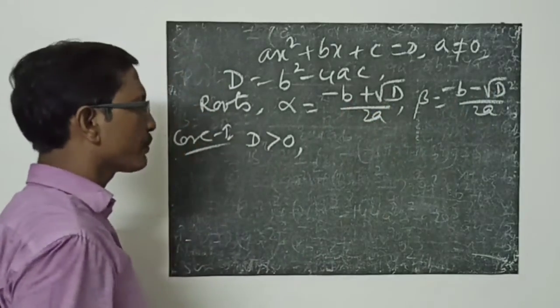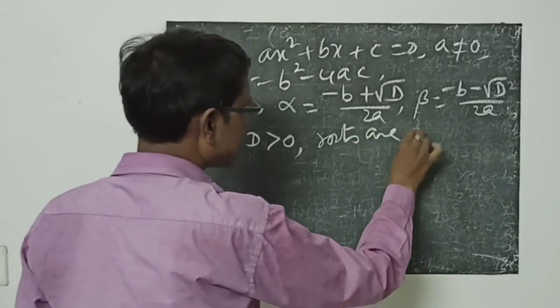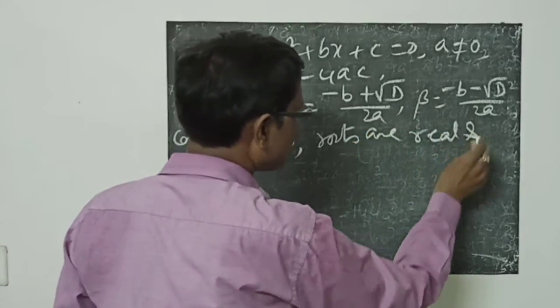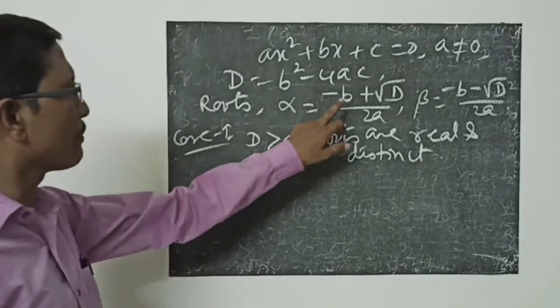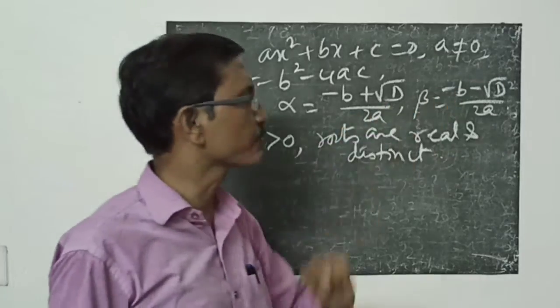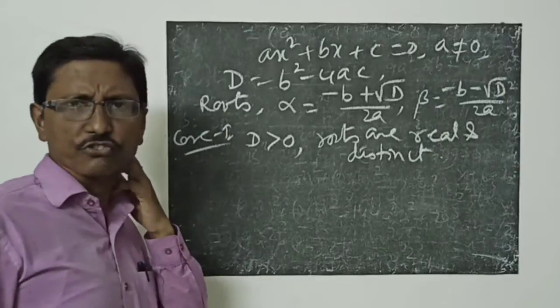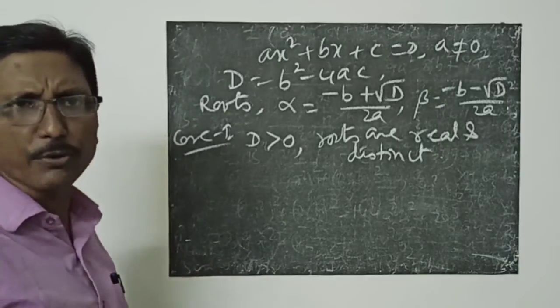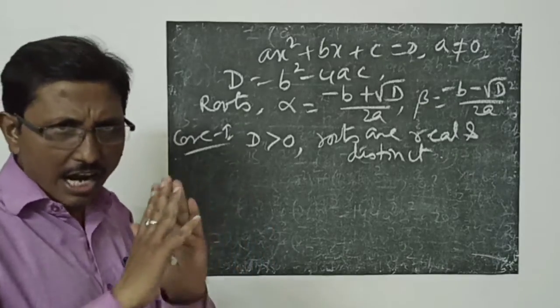So the roots are real and distinct, and the roots will be minus b plus root D by 2a and minus b minus root D by 2a. So if D is greater than 0, any positive value, then the roots are real and distinct. Distinct means different, means unequal.